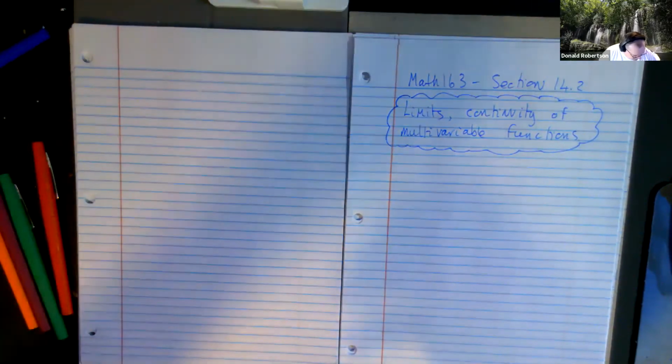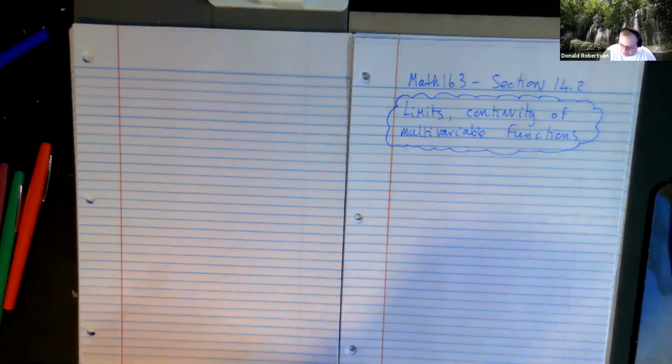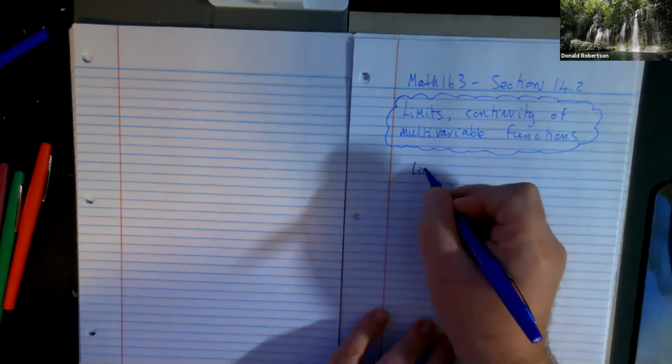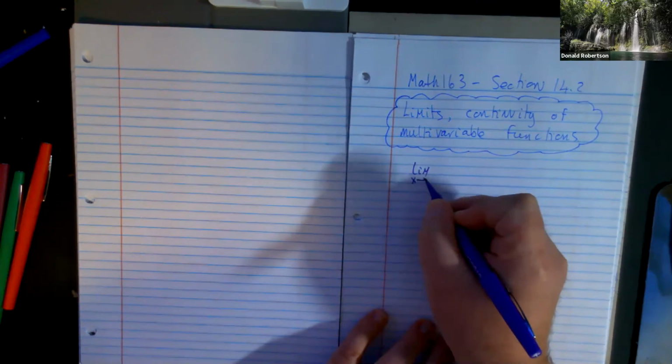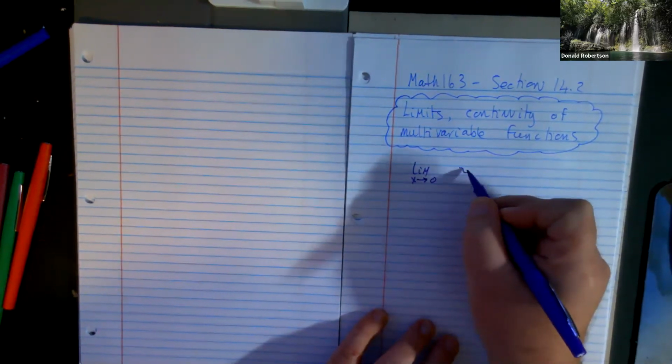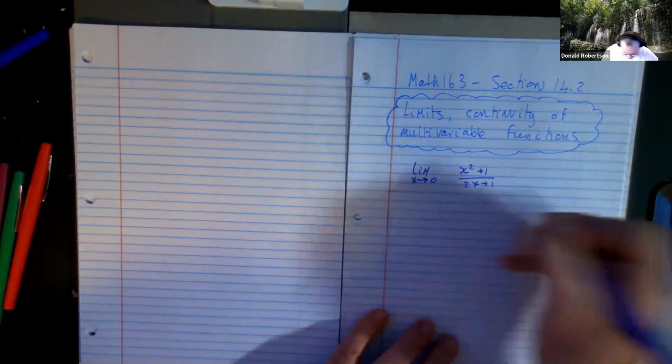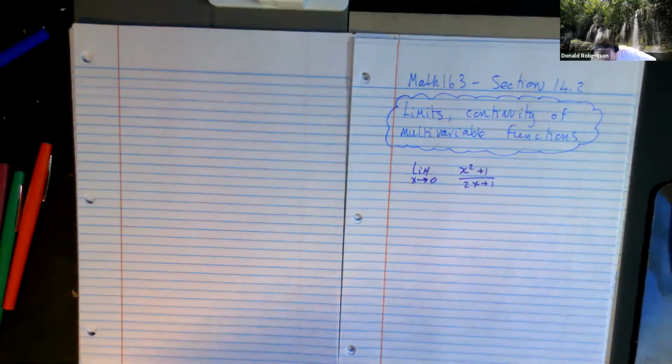Well, let me remind you again what a limit looks like in the good old 2D world, like Calc 1. If I asked you to find the limit as x tends to 0 of x squared plus 1 over, say, 2x plus 1, there are a number of techniques that you can use to find the limit.